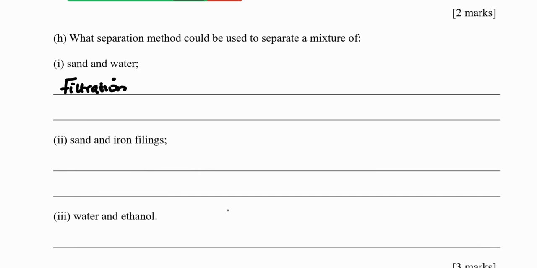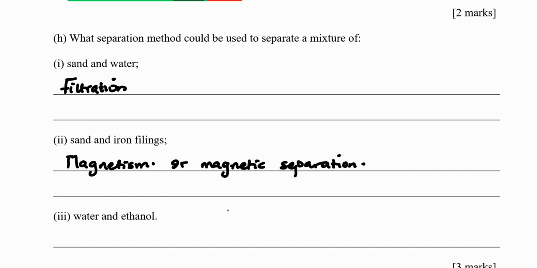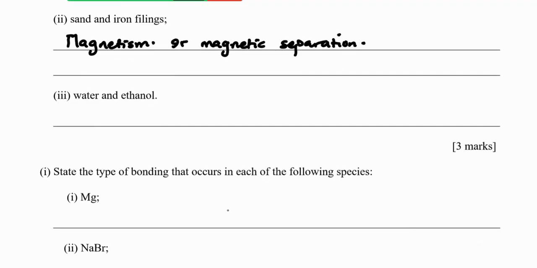Sand and iron filings, we can use magnetic separation, or we can say magnetism. And the next one is water and ethanol. We can do this by fractional distillation.